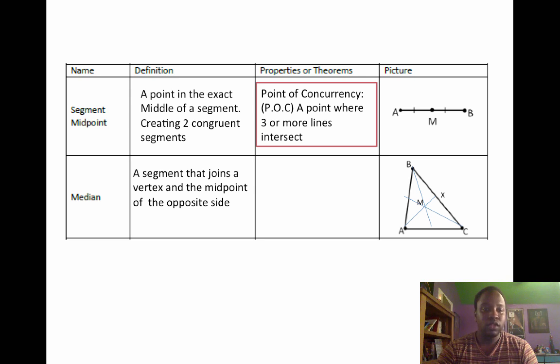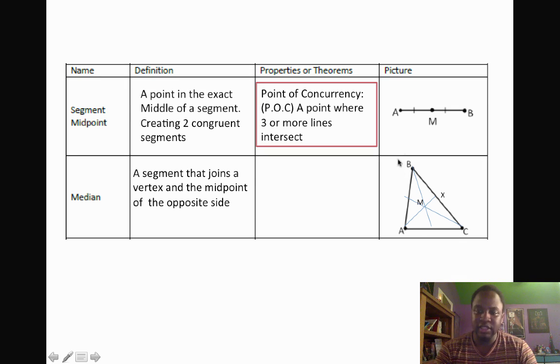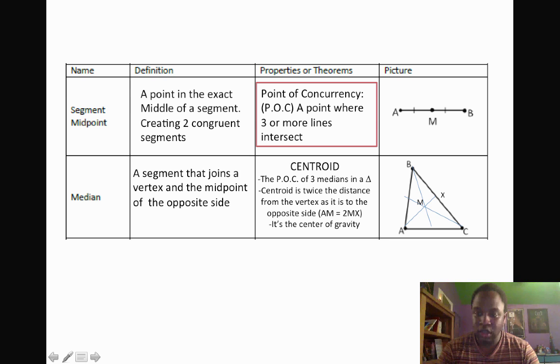Okay? So last section we talked about medians, and a median goes from the vertex to the midpoint on the opposite side. And so it turns out that the three medians of a triangle are concurrent. There's a point of concurrency about them, and so that's point M. And so the point of concurrency of three medians is called the centroid.